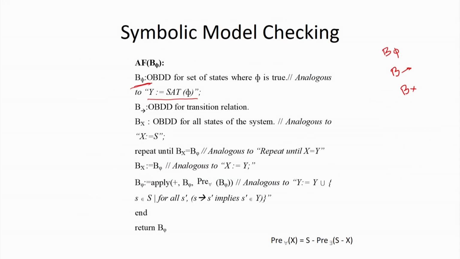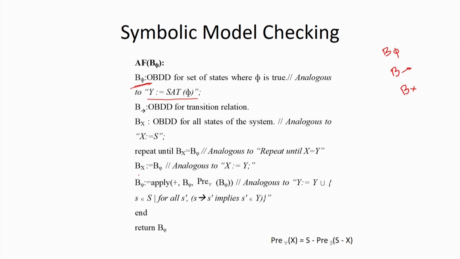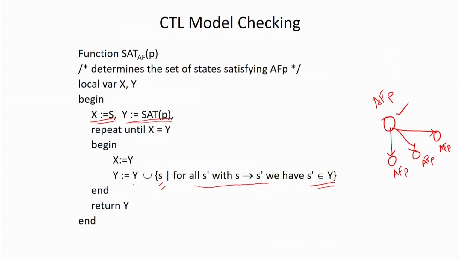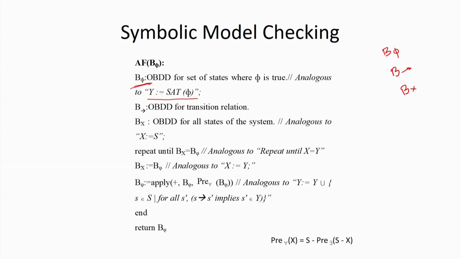Now, what we are doing: repeat until Bx equals B phi, that means the BDD representation of the set of states where phi is true will be equal to the previous iteration. Here, the first step is to assign Bx equal to B phi, that means we are retaining the set of states where phi is true, because we are going to append states to this particular set y, or to this particular B phi.